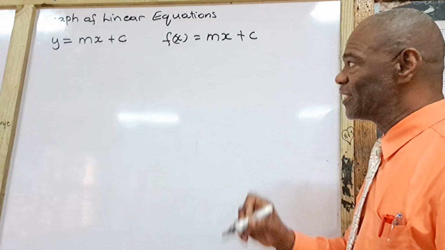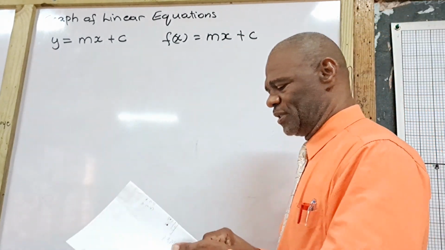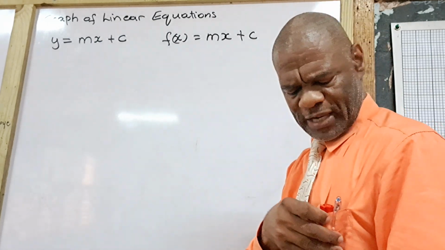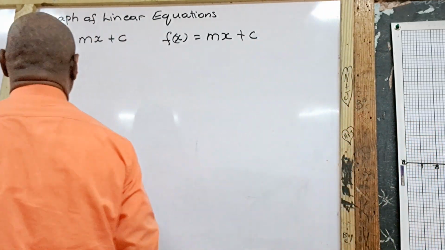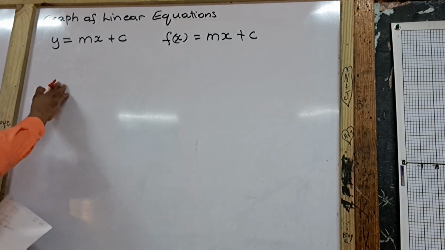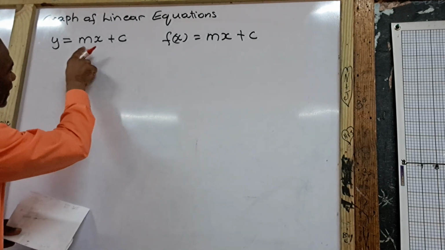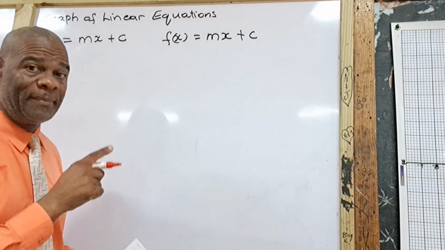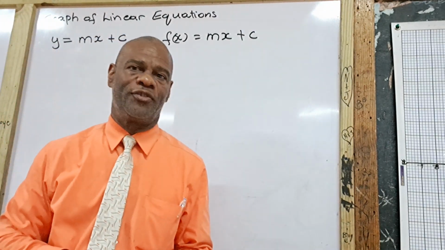Now, let's look at what each of the terms in these equations means. In the equation y equals mx plus c, m is referred to as the gradient.